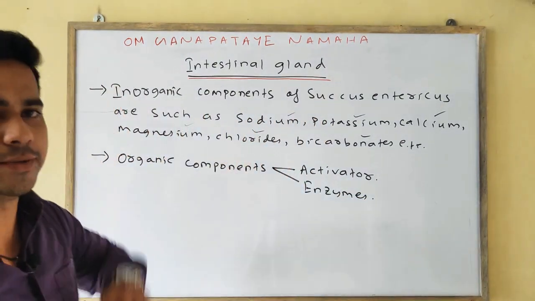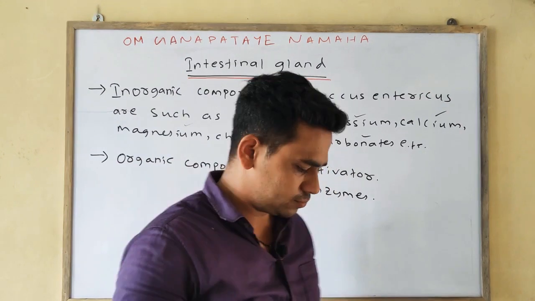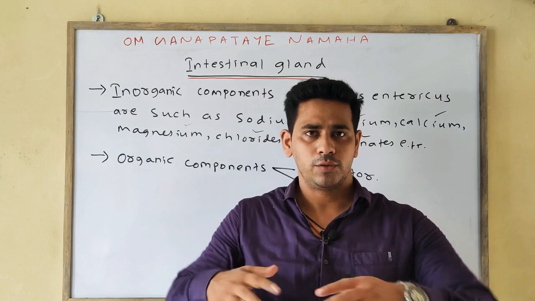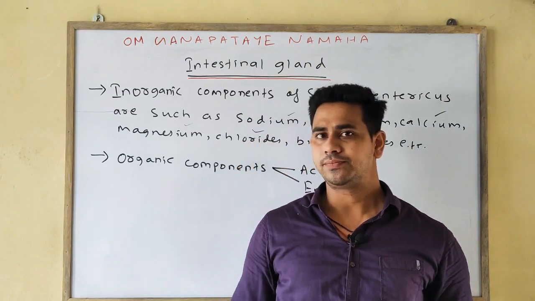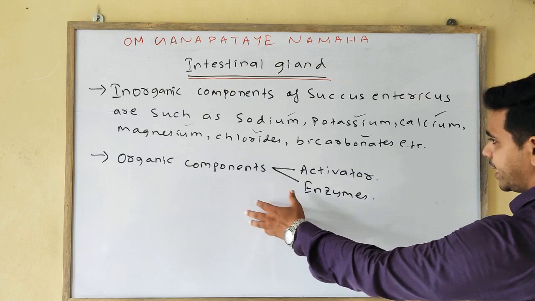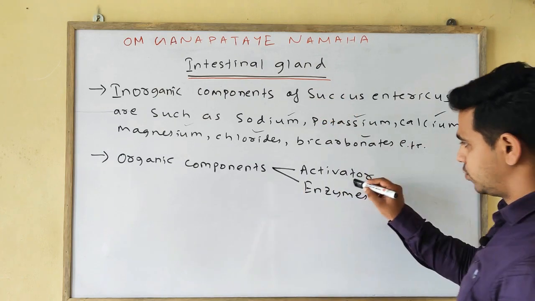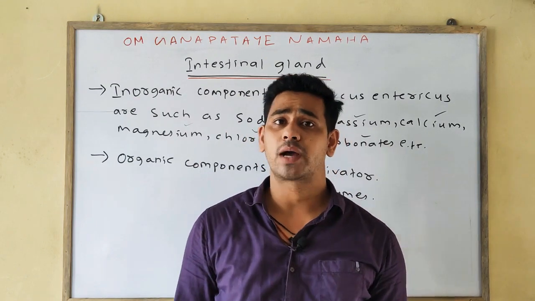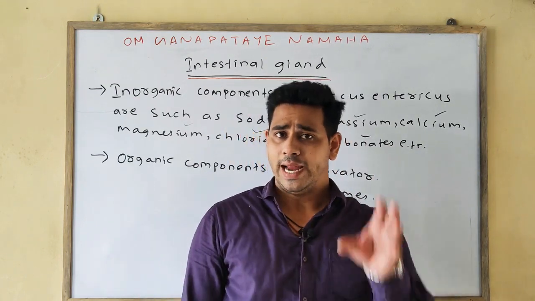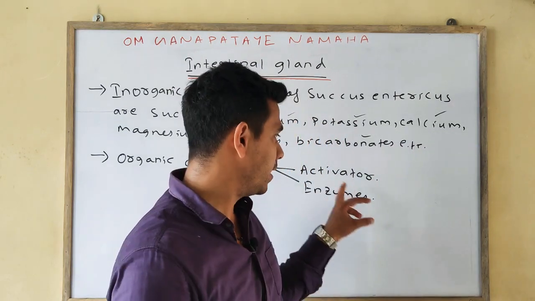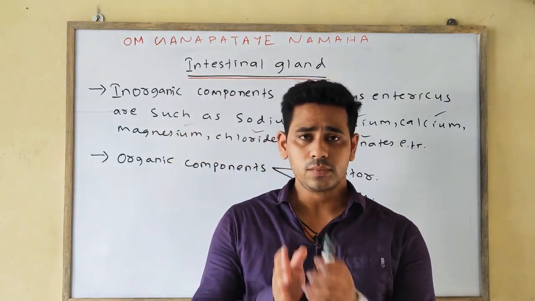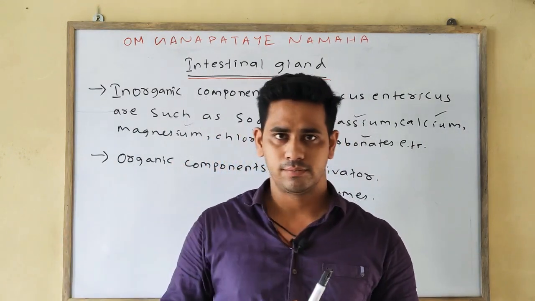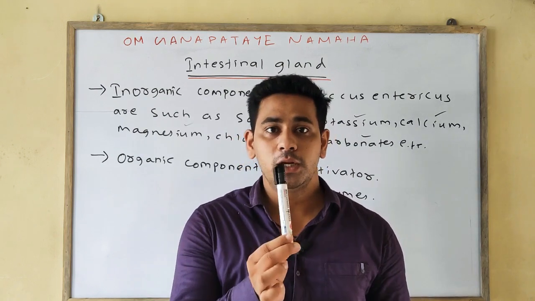What is an activator? From the name, it suggests that an activator is something which activates. So the organic components of the intestinal juice consist of various activators. A common example is enterokinase, which helps convert an inactive enzyme into an active enzyme. For example, trypsinogen.